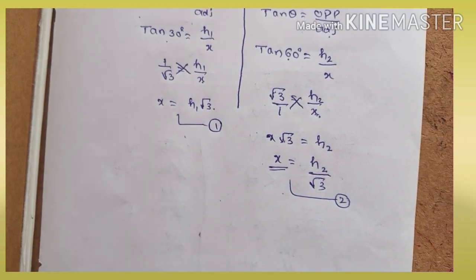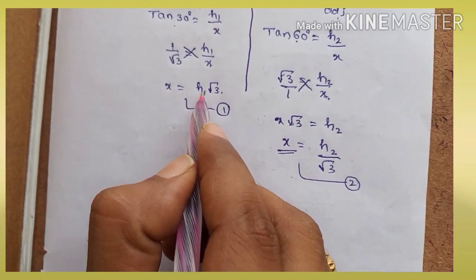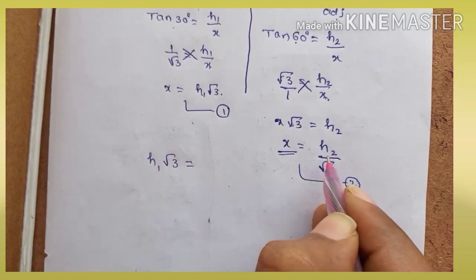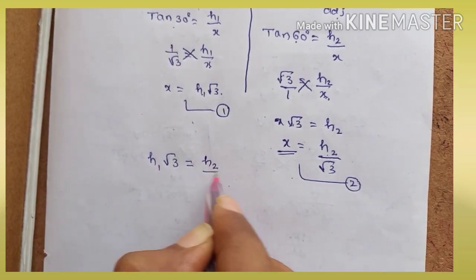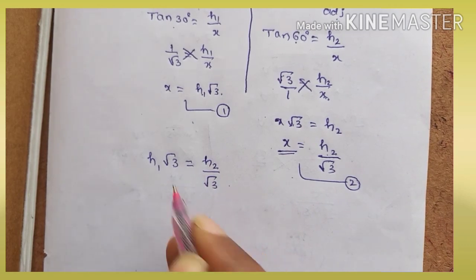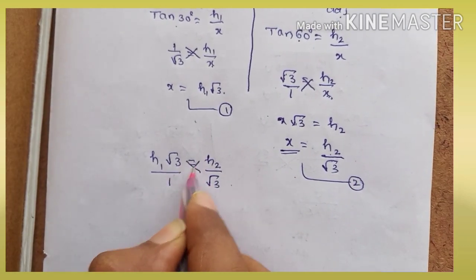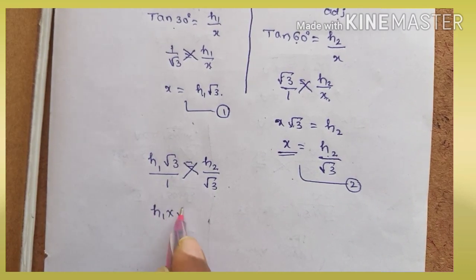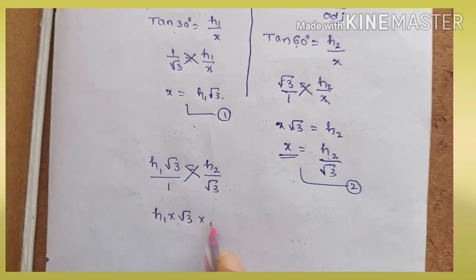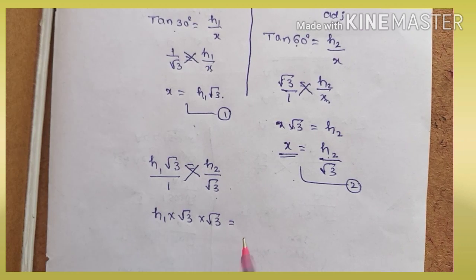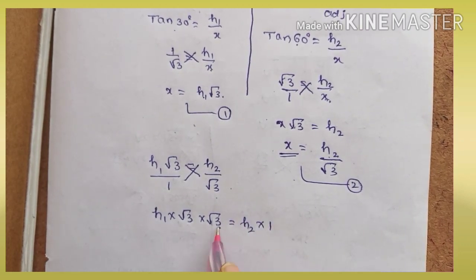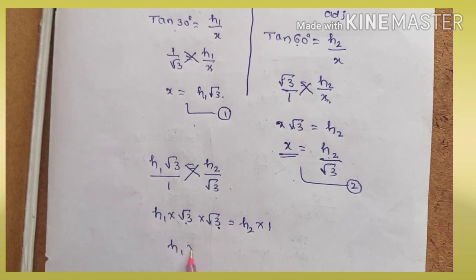Equate them. Now the X value from the first is H1 root 3, equal to the second, H2 by root 3, with denominator 1. Apply cross multiplication. So H1 into root 3 into root 3 is equal to H2 into 1. Root 3 into root 3 is equal to 3.